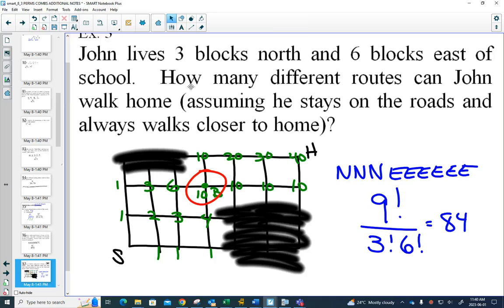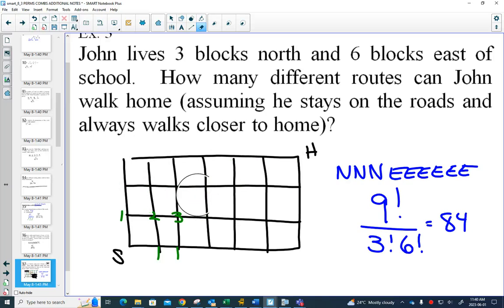The other thing you could do is you could block that one out and do 1, 1, 1, 1, 1, 1, 1, 1, 1, add.